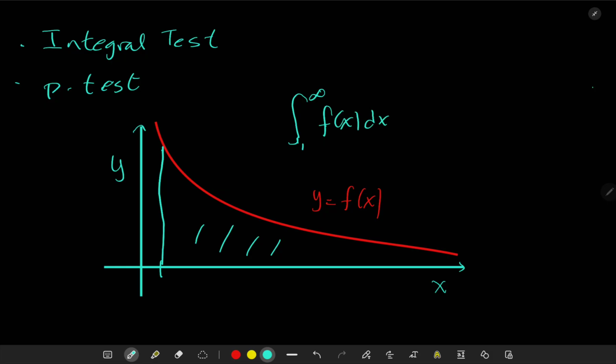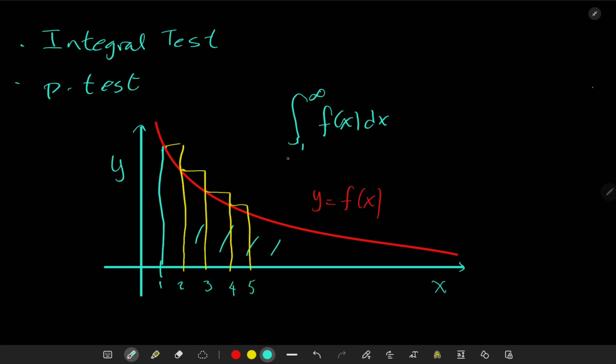But you can also make rectangles of width more or less 1. So let's say the next one would be around here. More or less that width. Let's assume this is going to be 1, 2, 3, 4, 5.